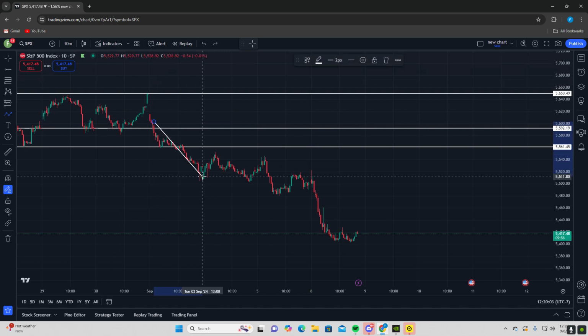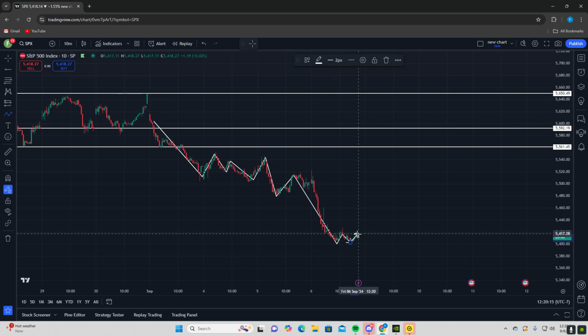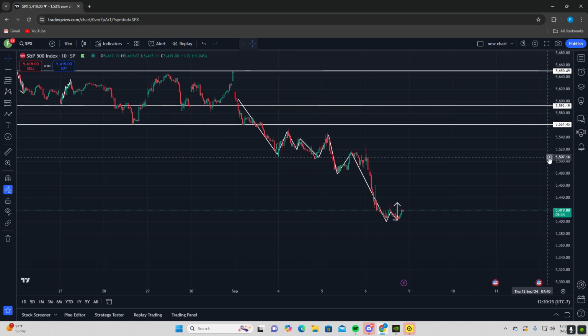Let me mark this again. And we come back down, come back up, and then we just flush the market. So one or two things could happen here. We could, again, try testing these highs and continue to the upside. But this is kind of too far from down here. So we're just gonna see how the market opens the next day.